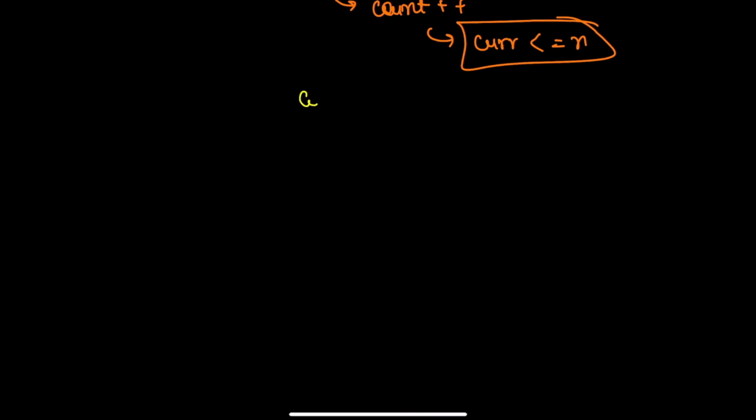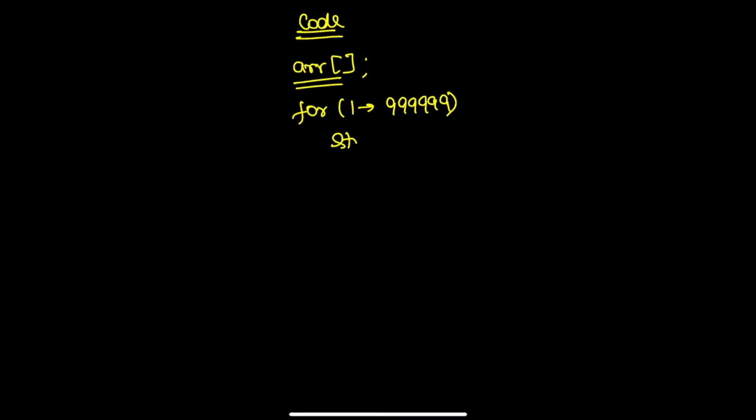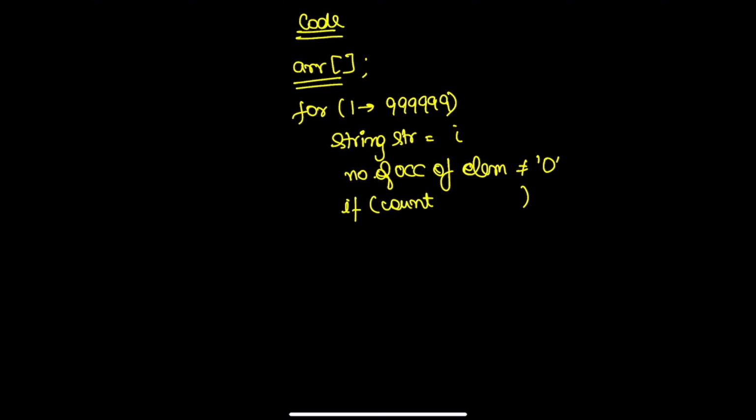So let's write a little bit of code. We'll have an array arr, that is our pre-computation array. We'll have a for loop from 1 till 999. We will convert it to string and then we will count the number of occurrences of elements that are not equal to 0. If this count is less than or equal to 1, then we will push that to our array.